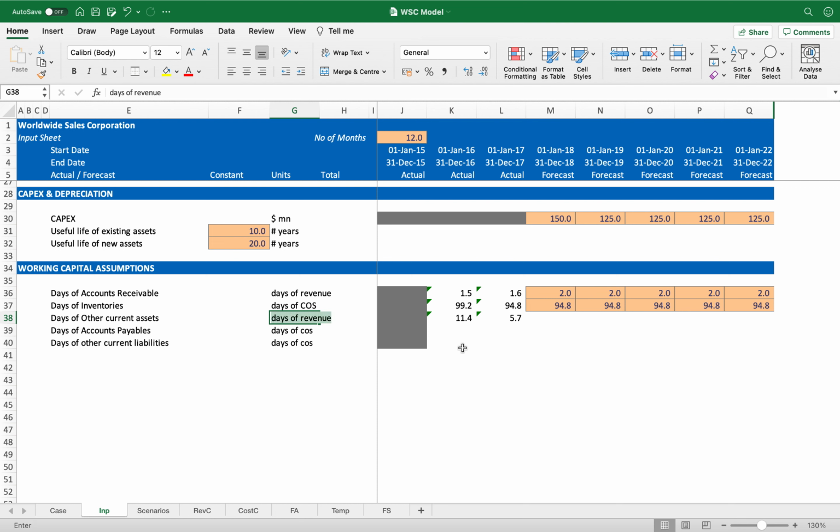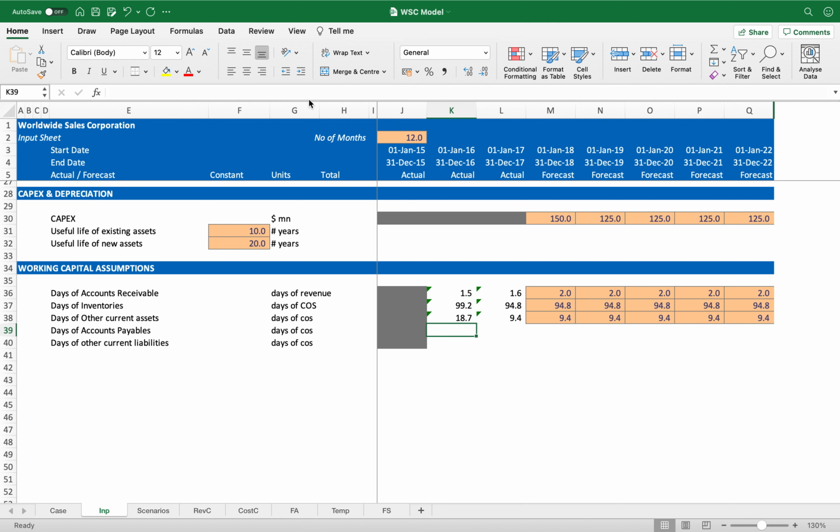So let's take days of cost of sales only. So instead of revenue, I link it to K10 and put a minus sign here. Keeping it the same as the most historical years.